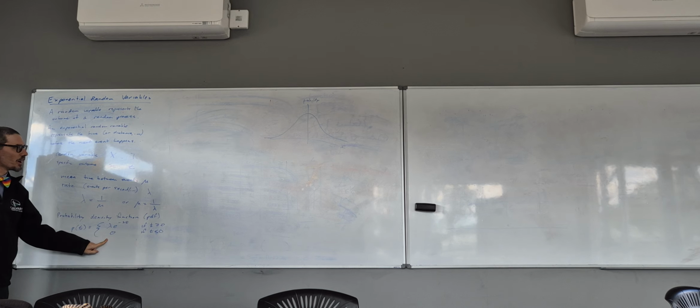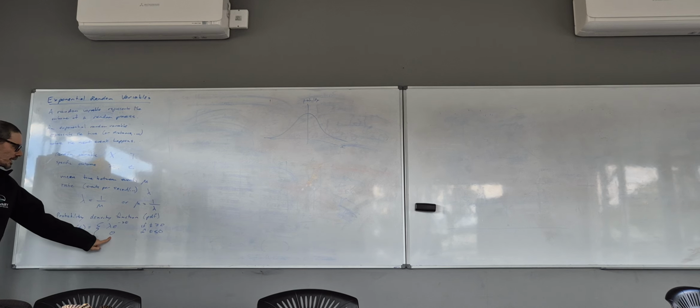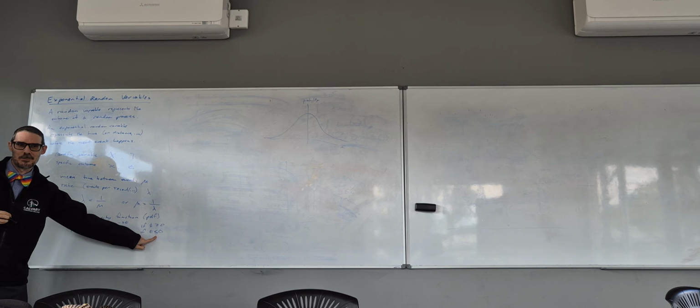So the exponential one doesn't look like that. What does e to the minus t look like? It's flipped. But we're ignoring the negative part of that.